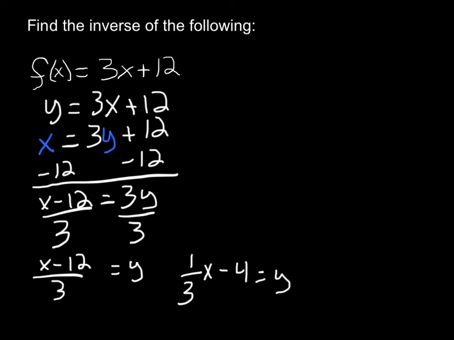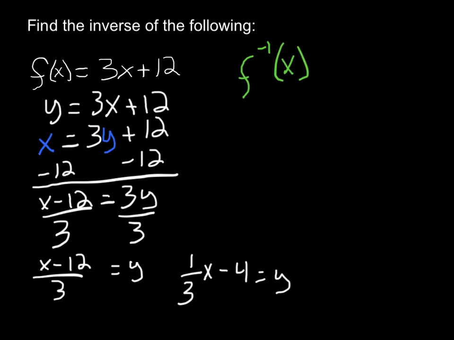Now, we need to remember that we have to rewrite this in function notation. We started off with f of x. So now that we found the inverse of it, we're going to write this one as f negative 1 of x. Now this is not an exponent of negative 1.